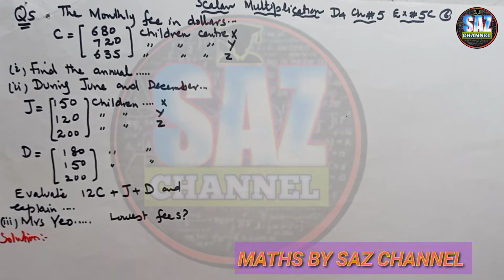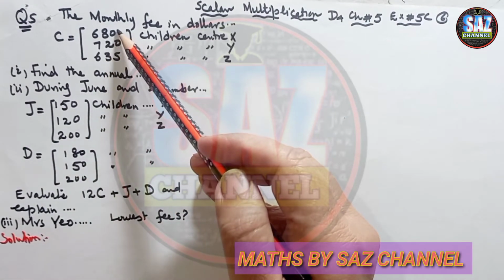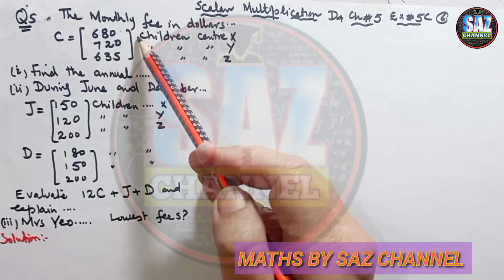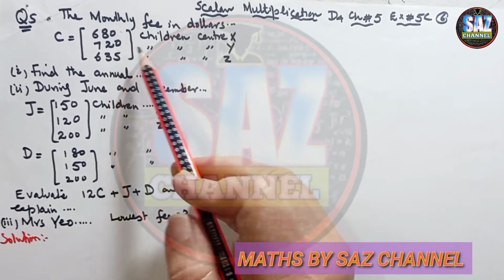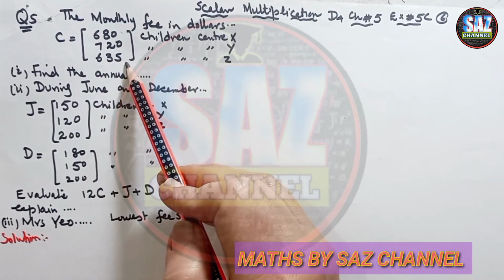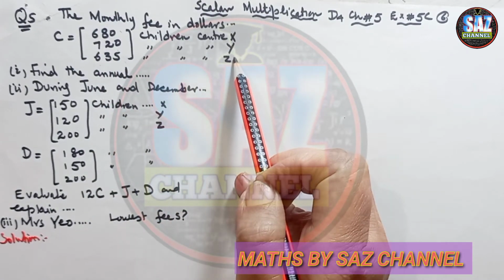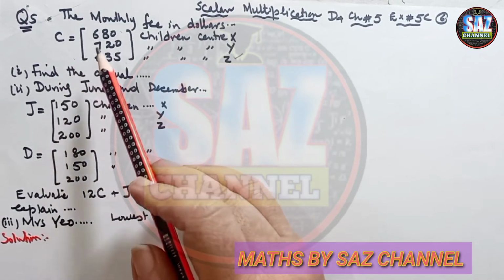Question 5 says that the monthly fee in dollars charged by three children centers is given in the matrix C. C equals 680 for children center X, 720 is the fee by children center Y, and 635 is the fee by children center Z. C matrix is the monthly fee matrix.